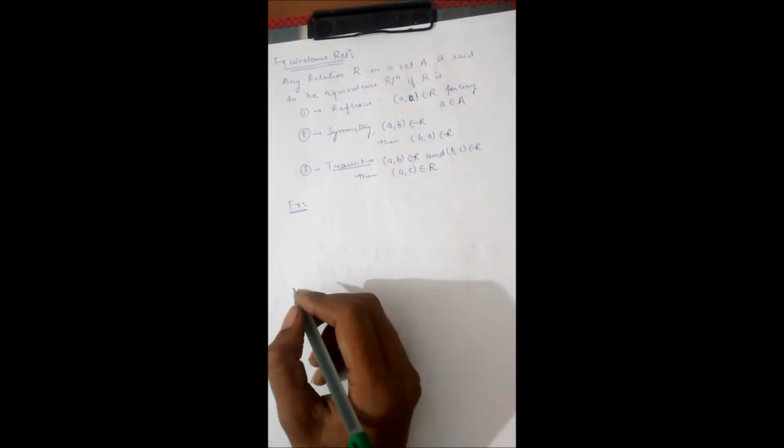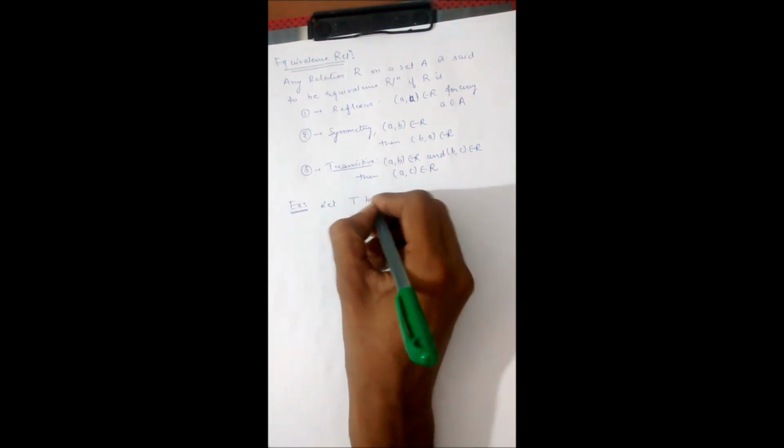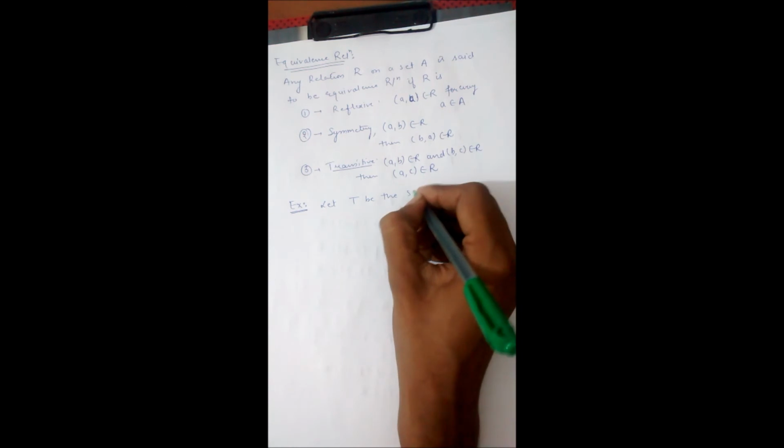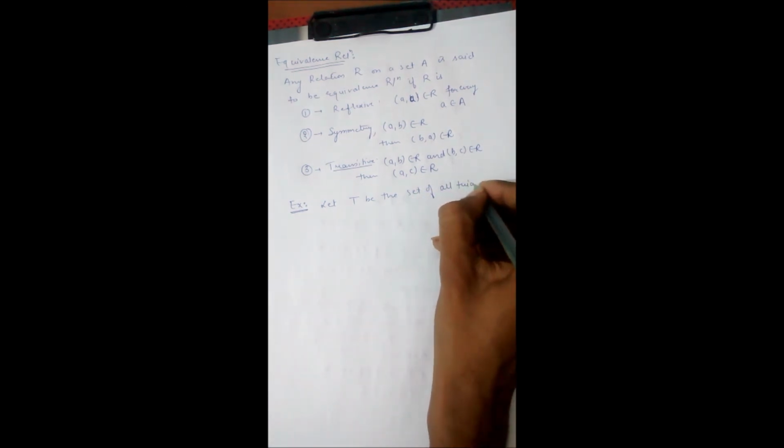Okay, let T be the set of all triangles. Of course there are only 4 types of triangle: scalene, equilateral, isosceles and right triangle.